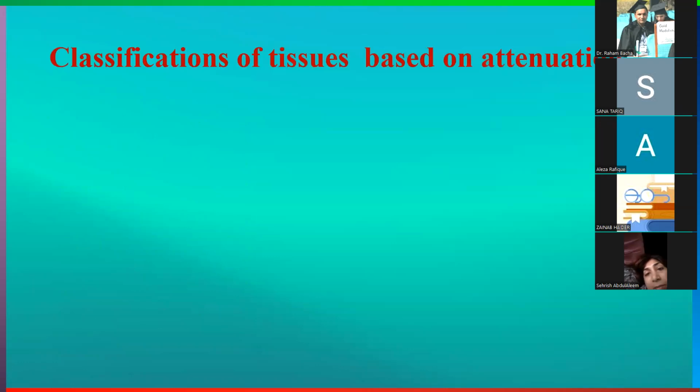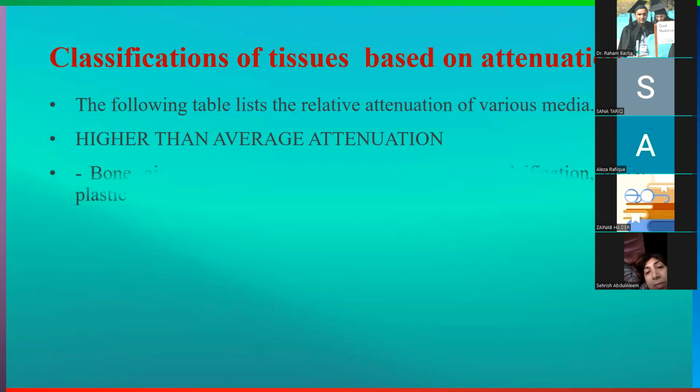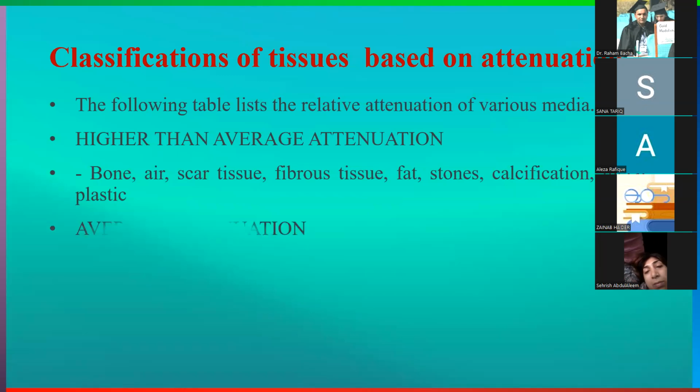Then what will happen with calcification? These are highly attenuating structures, and with highly attenuating structures, sound waves will be absorbed. And according to this attenuation, the different tissues are classified into three distinct groups, right?